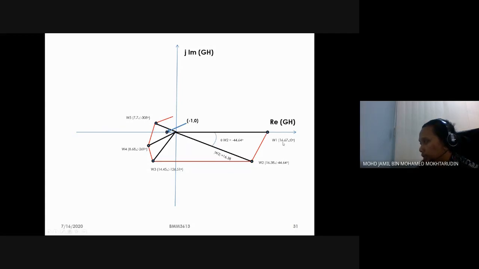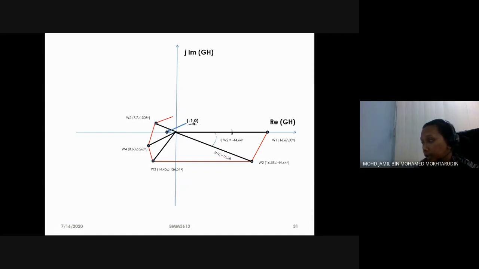You must plot the magnitude as close as possible to 16.67, meaning don't simply put 16.67 maybe here, because later you want to compare with the point minus 1. If you plot the magnitude wrongly, then maybe your Nyquist plot intersects at a different point, so your conclusion will be wrong.